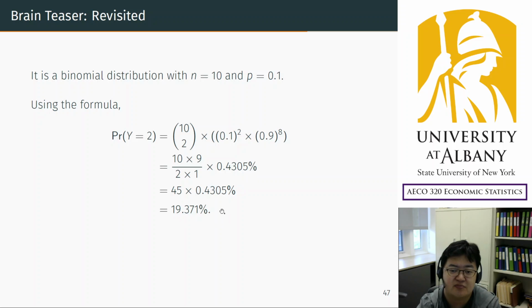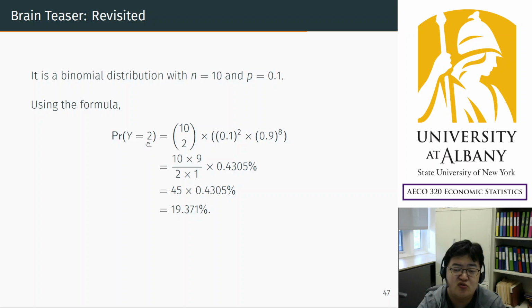And in the end, if you calculate, there are 45 possible combinations. So it's hard to list all the cases. So out of 10 reservations, if you choose 2 of them, there are 45 cases. So the answer is 19.371%.